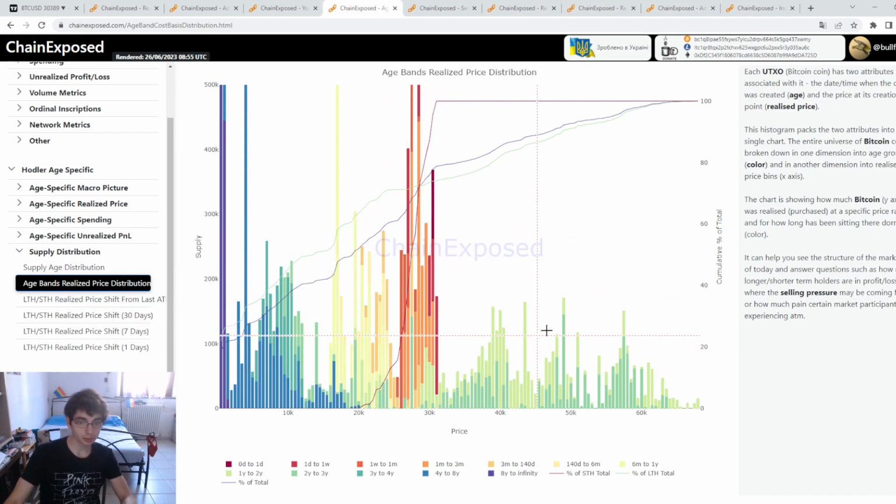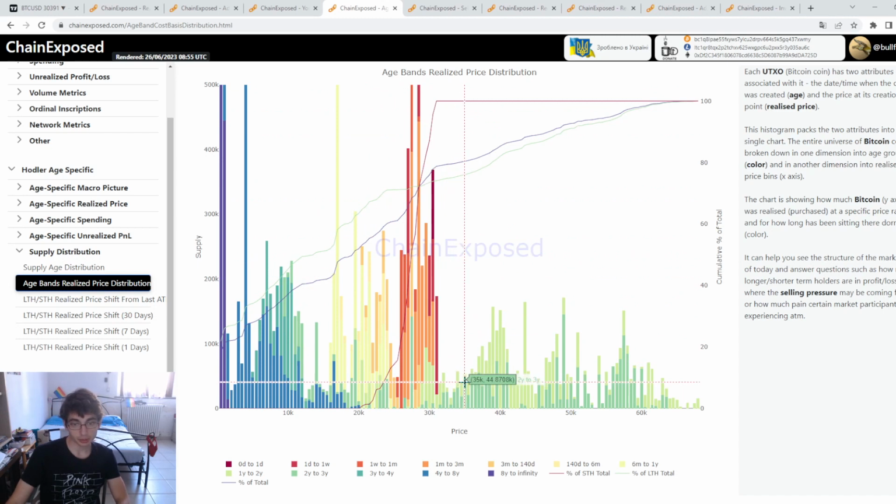So in this case, we see that the majority of support comes from 6 months to 1 year and 3 months to 5 months, more or less, coming back down from 30k to 20k, so obviously the majority of short-term holders have their cost basis right here, and we have these supports.